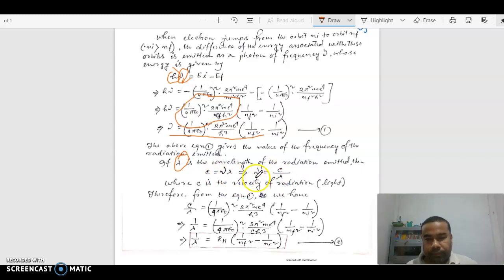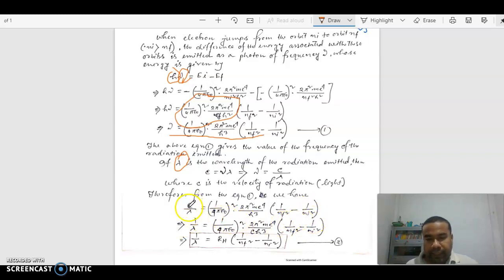Replacing nu in equation 1 by c by lambda, c by lambda equals 1 by (4 pi epsilon naught) whole square, 2 pi square m e to the power 4 by h cube, times (1 by Nf square minus 1 by Ni square).